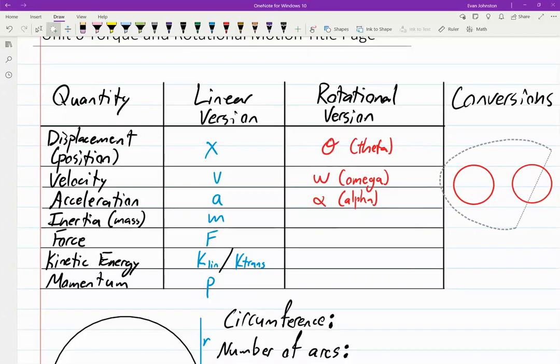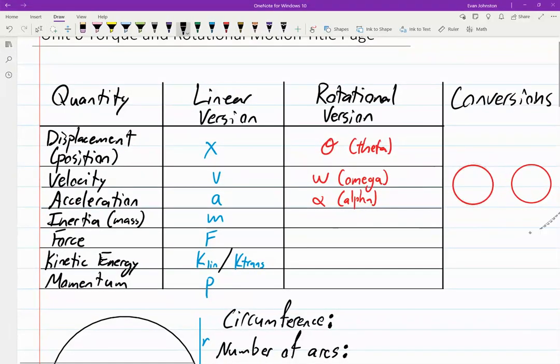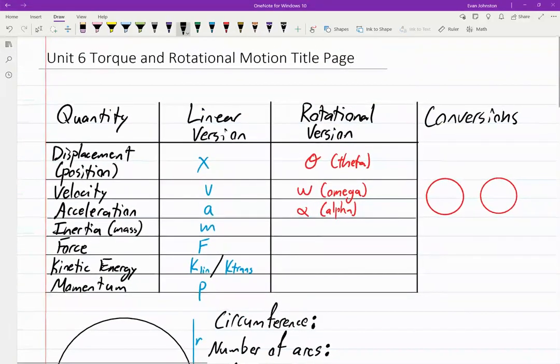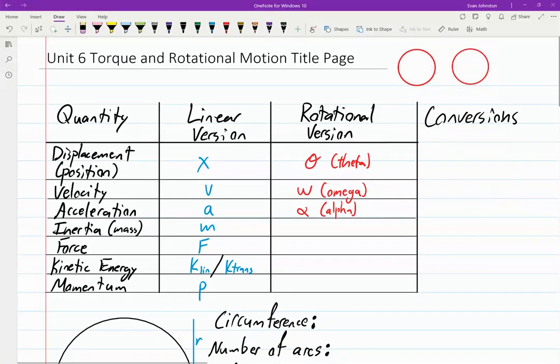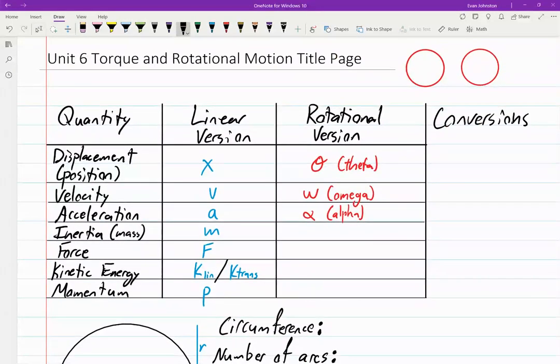Actually, let me move this so that we're going to look just up at the tip top of the page here for a moment. We can look at it right here. If we have a disk here, and a ring. A ring is hollow, a disk is solid, but they both would have the same mass.